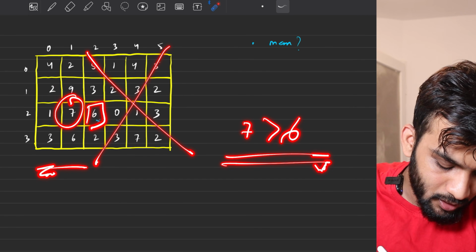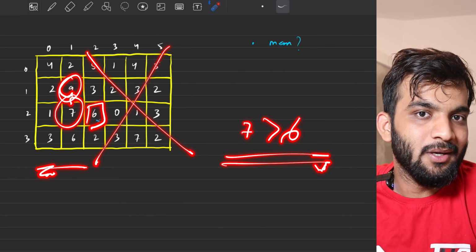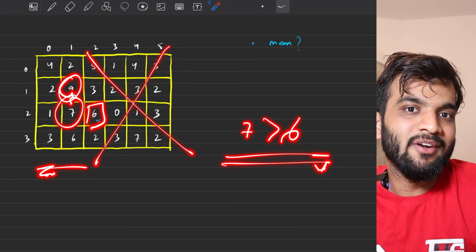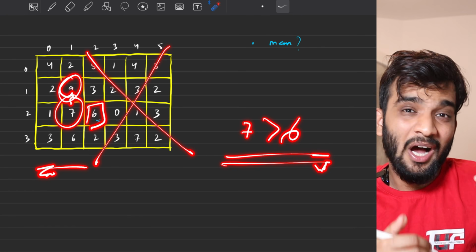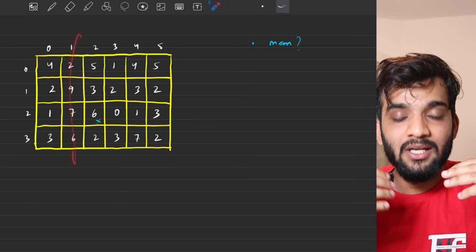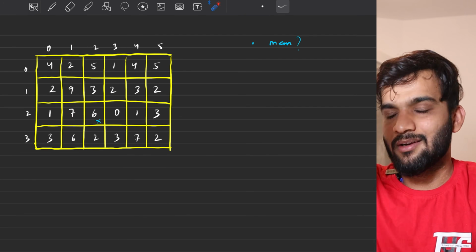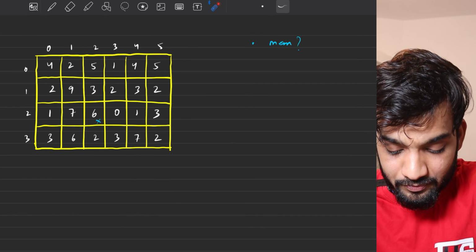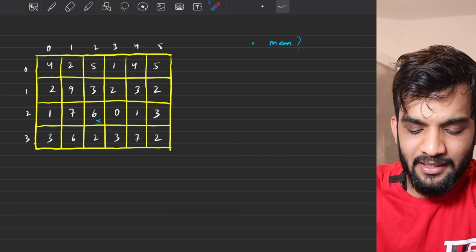But wait, 9 might be my peak. 7 might not be, because 7 is smaller than 9. So how are you managing this alignment? Whatever it is, let me first answer this question.